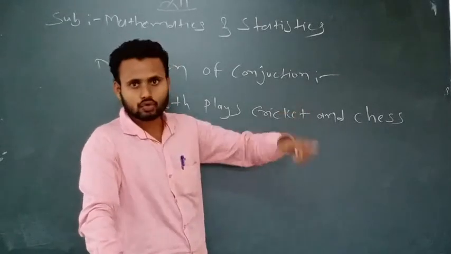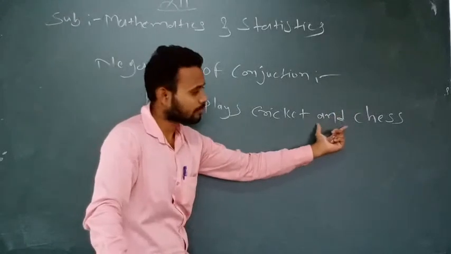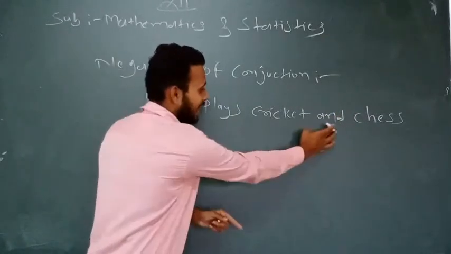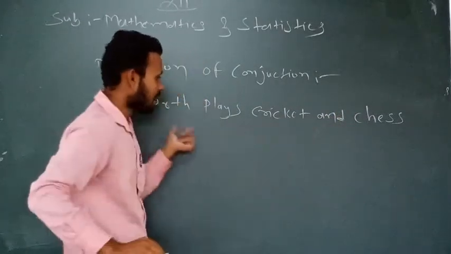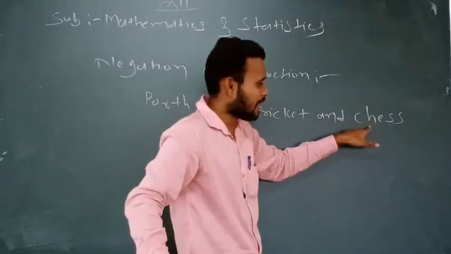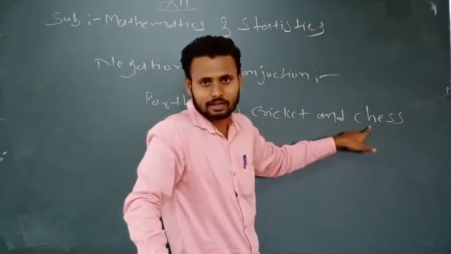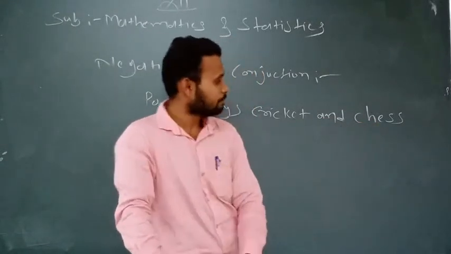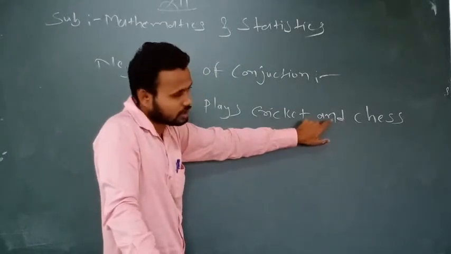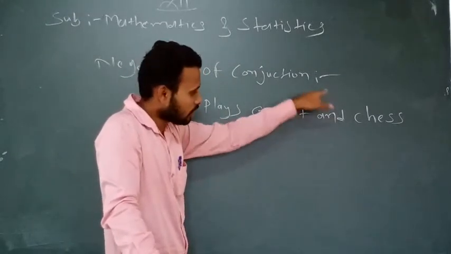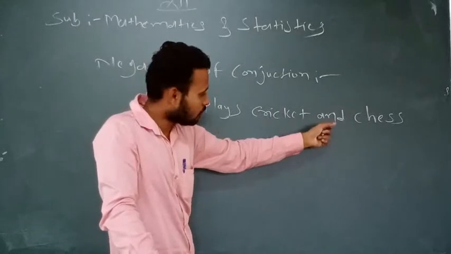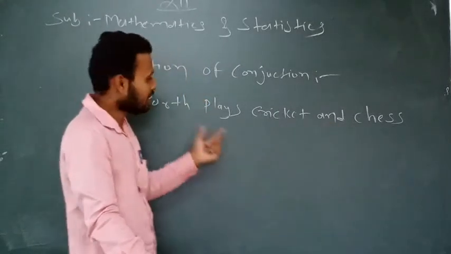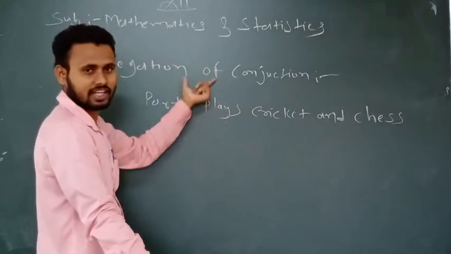Because two simple statements are connected by the logical operator and. Before and is one statement, Park plays cricket, and the next one is Park plays chess. These two simple statements are connected by the logical operator and, and we have to find the negation of that statement. Means negation of conjunction.